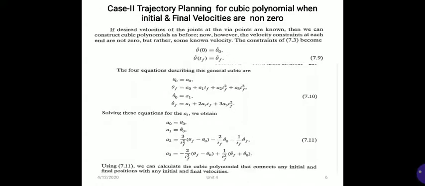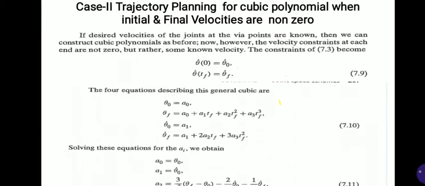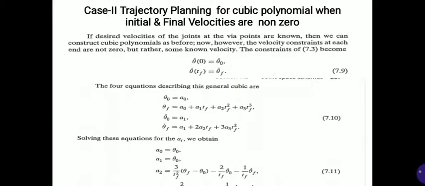Now the next case 2, trajectory planning for a cubic polynomial when initial and final velocities are non-zero. So whenever the initial and final velocities are not 0, in the earlier case theta dot of 0 we considered as 0 and theta dot of tf was also considered 0.